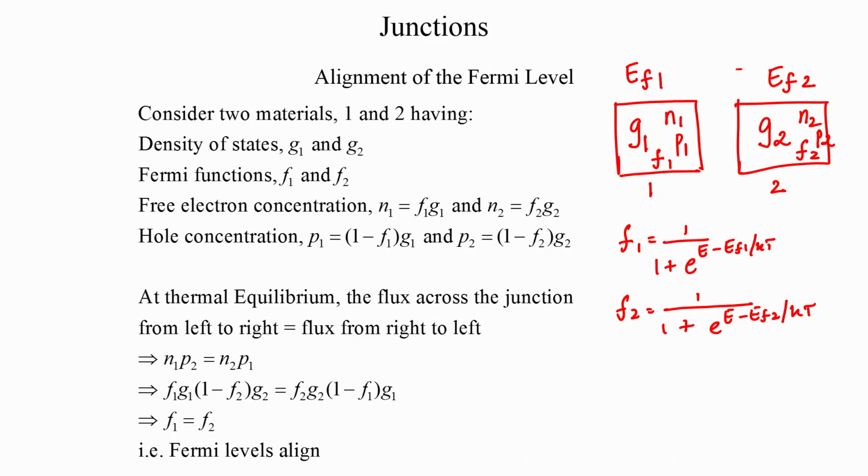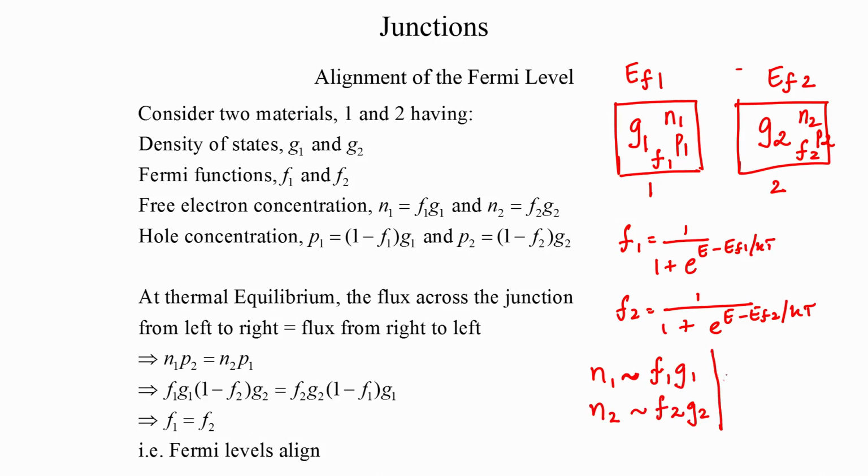Before we do that, let us try to get a gauge on what N1 and P1 are. So, what is N1? N1 is calculated from the probability of occupancy of all these states in material 1. So, it is F1 G1, and N2 is F2 G2.